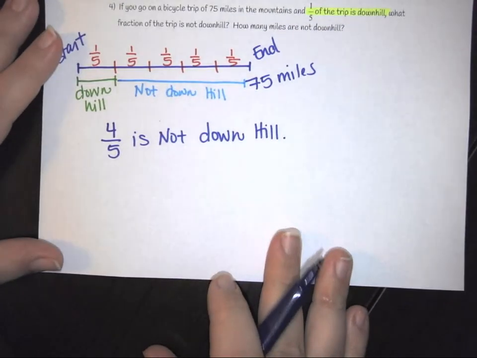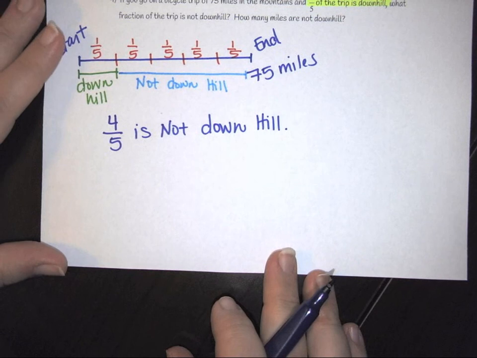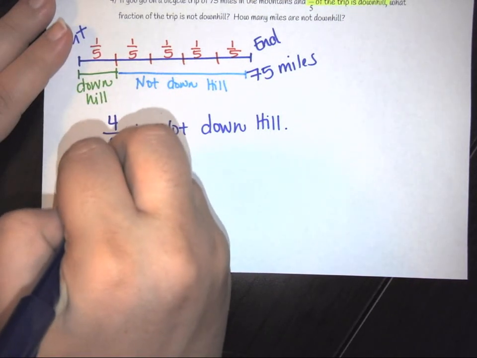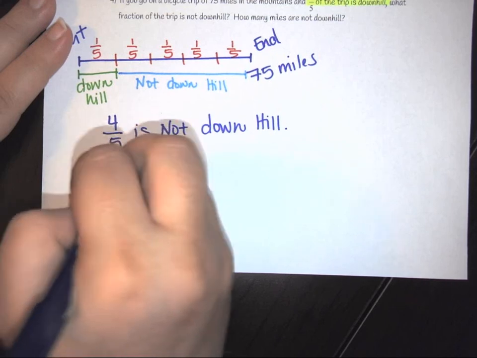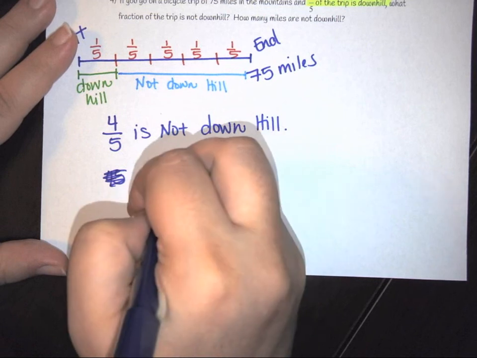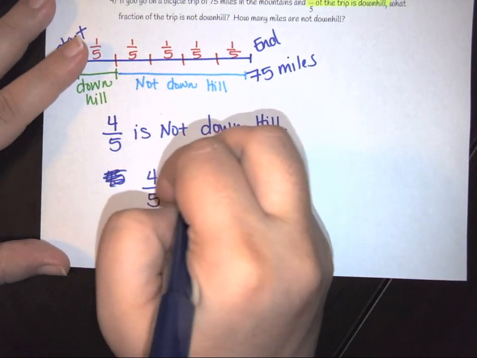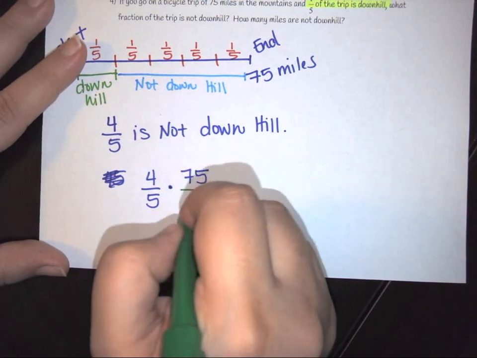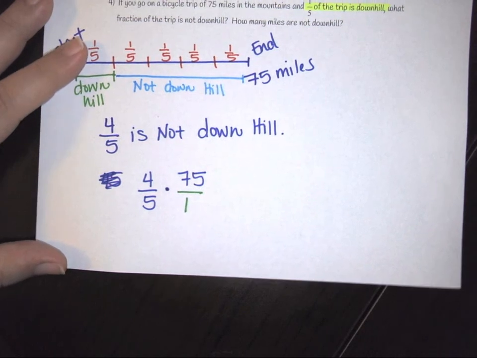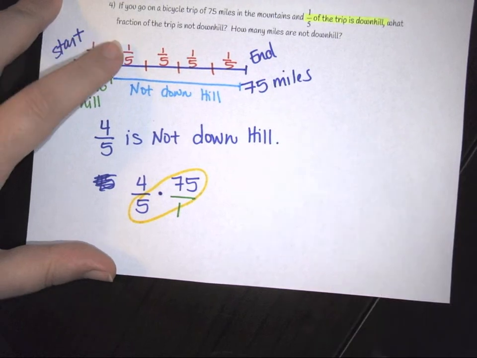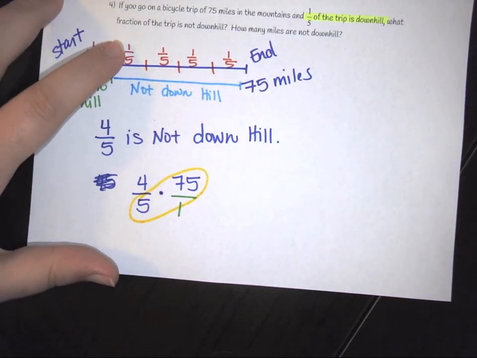The second part says how many miles are not downhill. So I went 4/5 of my 75-mile trip not downhill. Again, remember 75 is a whole number, it's the same as 75 over 1. I would look at my 75 and 5 and simplify those.